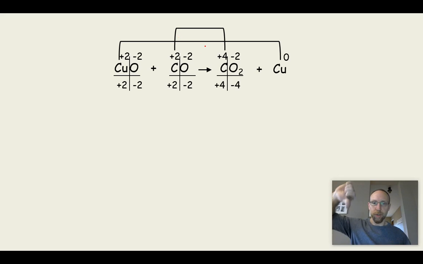Which way are we going? That's going down, so that's gaining. Carbon went from +2 to +4. That's going up, right? LEO jumps up. So that means we're losing electrons. The oxidation state is going up. We're becoming more positive. So sometimes it helps to do your loss first.